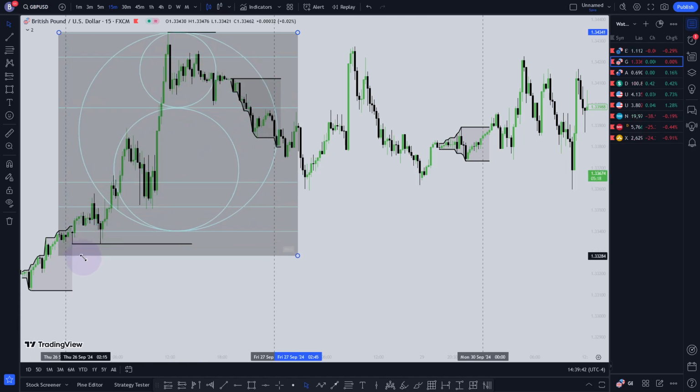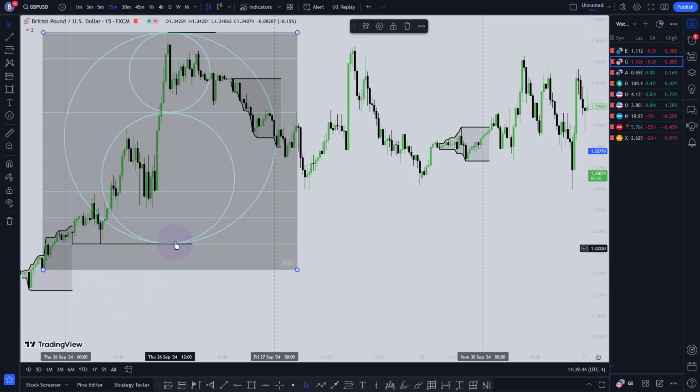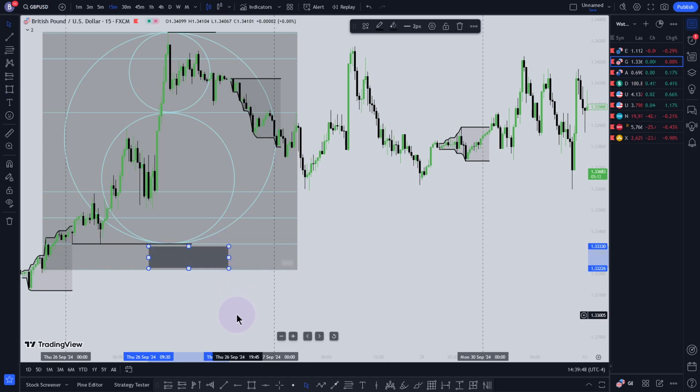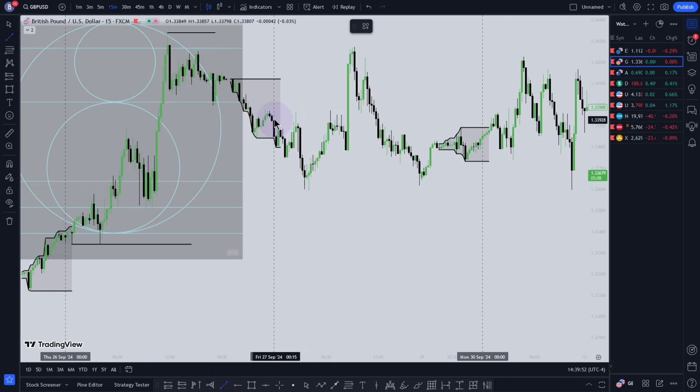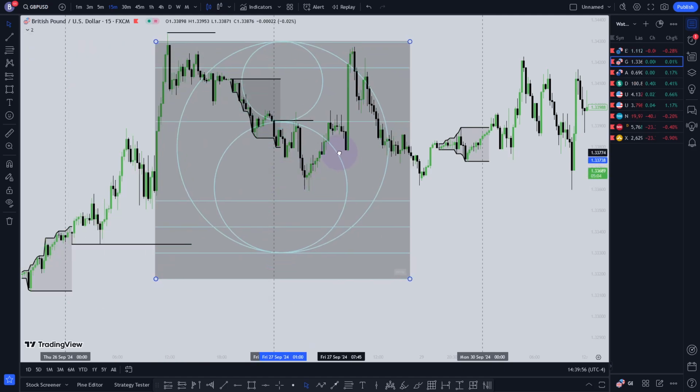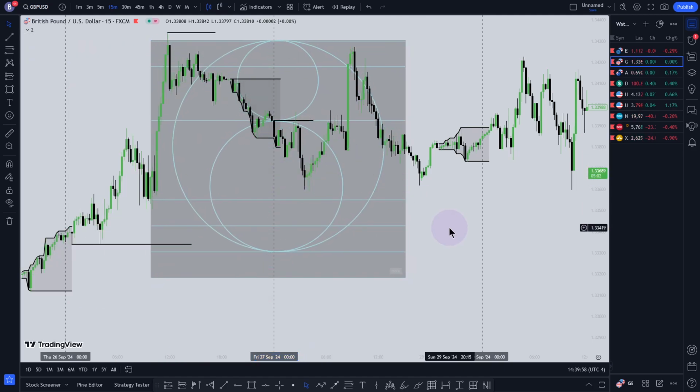Top of the circle is the previous day high, bottom of the circle is the previous day low. And this right here is also a zone. Then we have to find midnight, which is right here. Okay, now marking the zones.